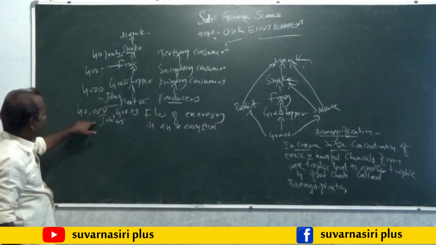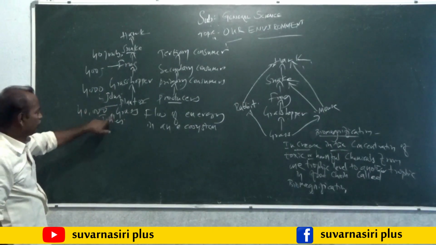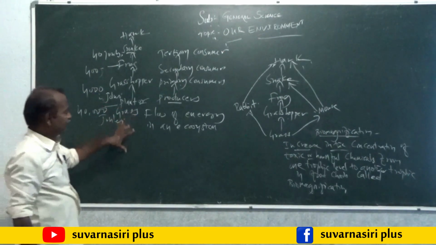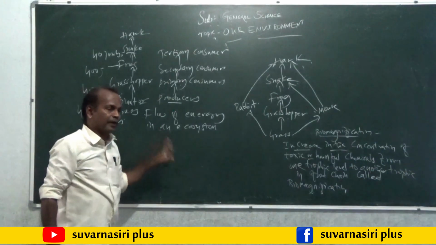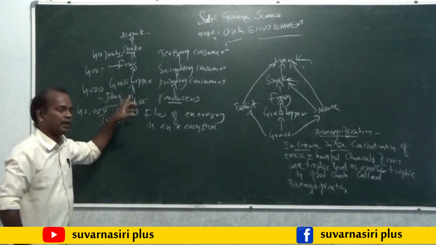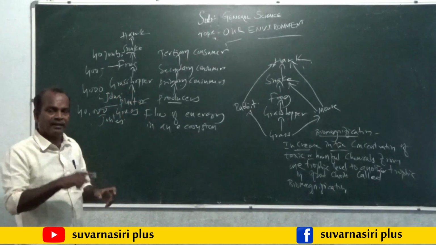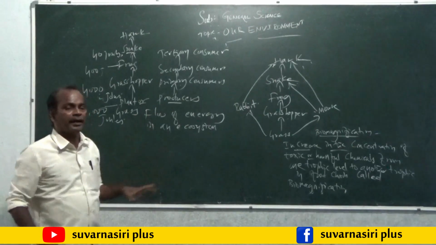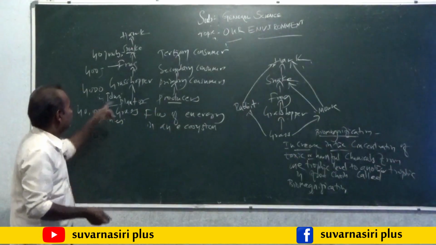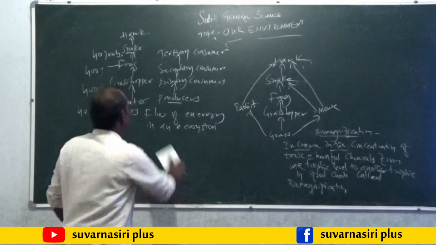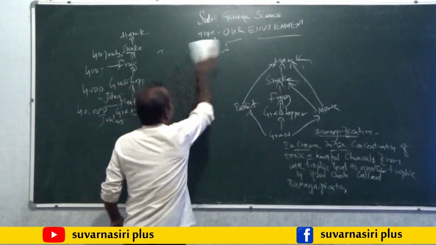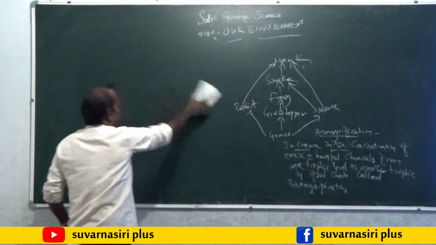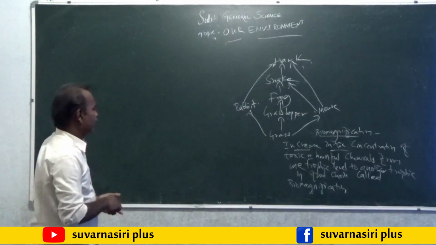So there is a loss of energy when it moves from producers to consumer level. This is nothing but the 10% law. The movement of energy from producers to consumer is only 10% and the remaining 90% of energy is lost in the form of heat. So that was the 10% flow of energy in an ecosystem.